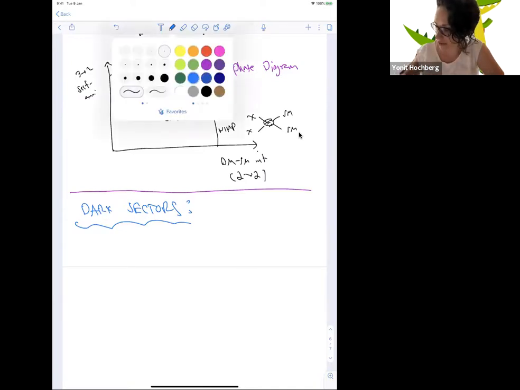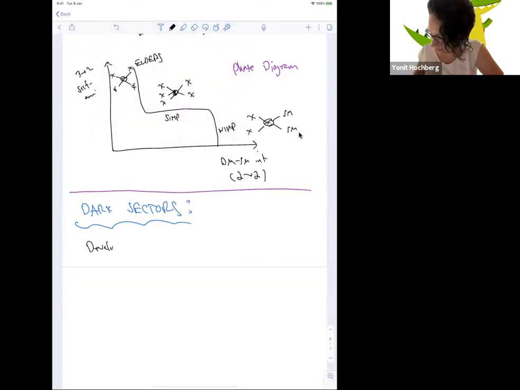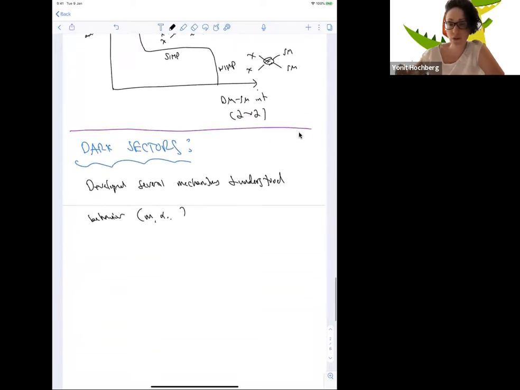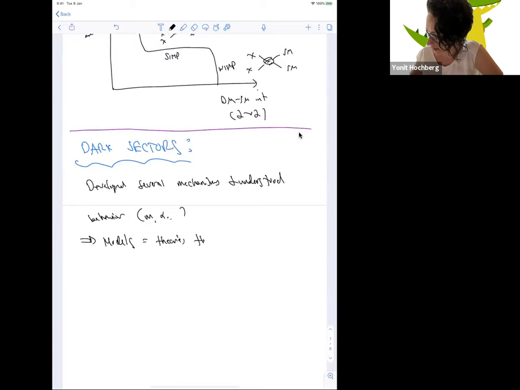And the next thing that we want to do once we have mechanisms set in place is understand what are the models that we can write down that admit this behavior, that give us explicit particle theory realizations of these ideas. So these models are theories that realize these mechanisms.